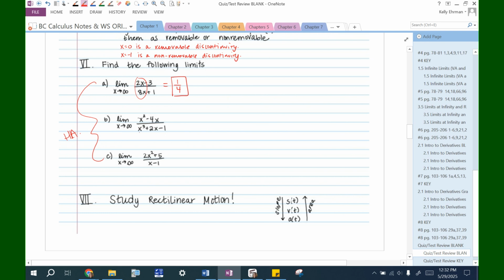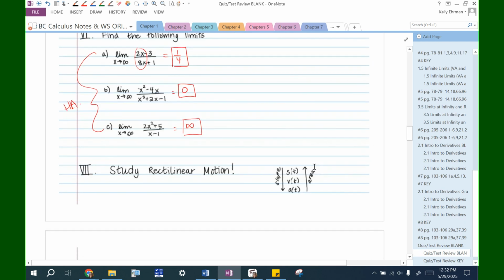This is a bottom-heavy function, so in the long run, these extra terms are going to be very insignificant compared to their higher degree terms. Bottom heavy means we're going to be approaching 0 because the bottom with large numbers will grow much faster than the top. Final one's top heavy. The top is growing much faster than the bottom. So that graph will continue to grow without bound, infinity.